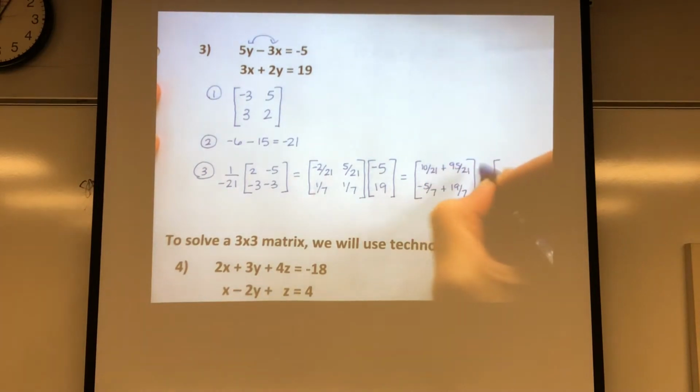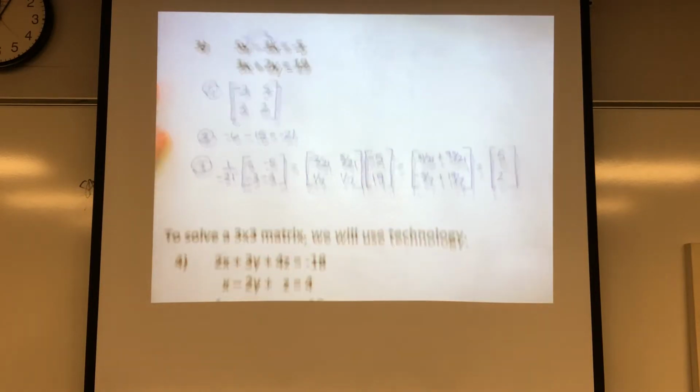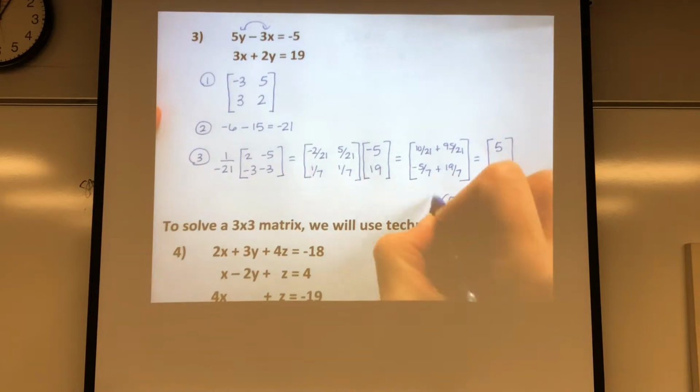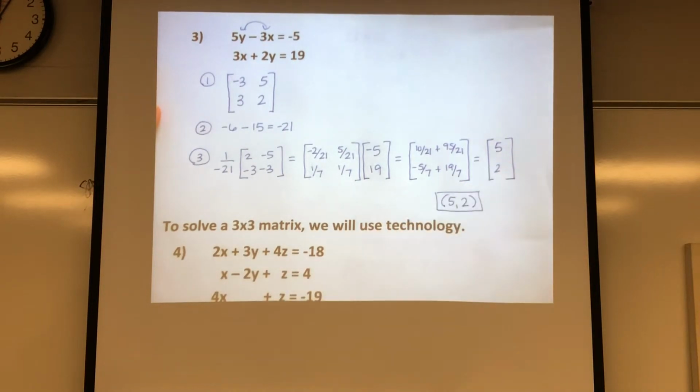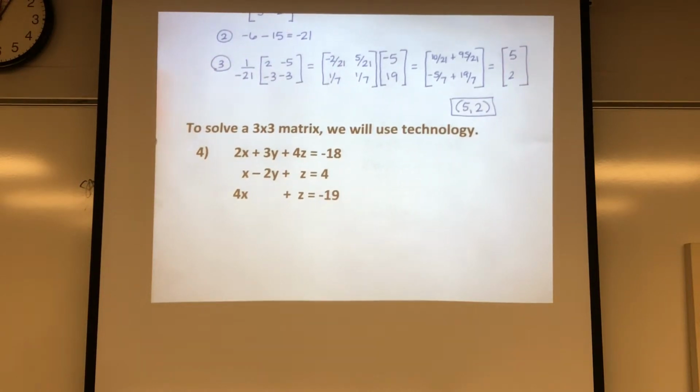We'd have 105 divided by 21, which is 5, and 14 divided by 7, which is 2. So that gives us the coordinate point 5, 2 as the intersection of that system. Hope you got that same answer.